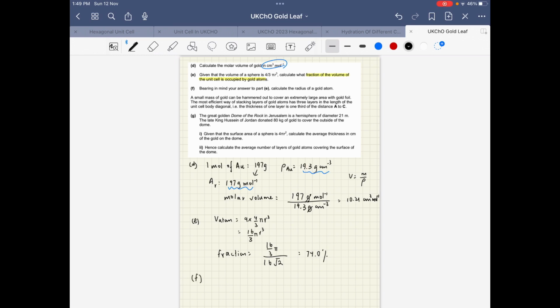So moving on to part F: bearing in mind your answer to part E, calculate the radius of a gold atom.